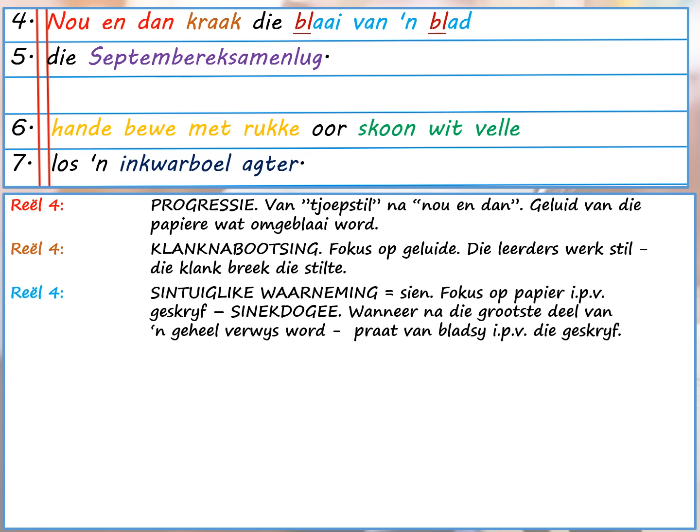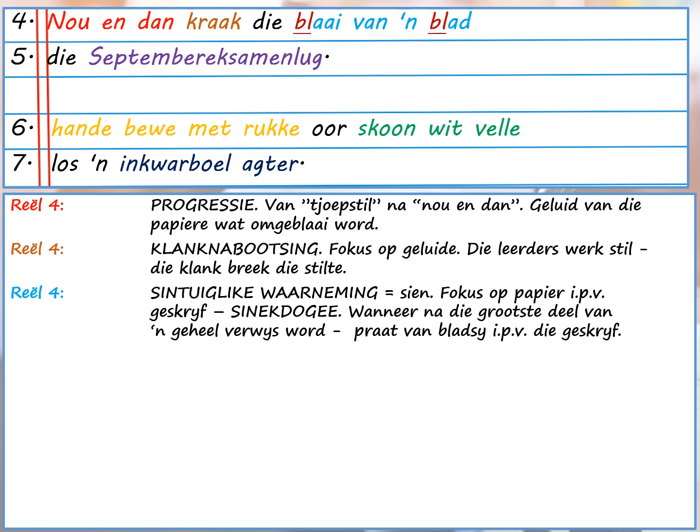It's a sound you can hear above all else in that exam venue. We've got blaai van 'n blad, so it's something that you can see and something that you can hear. You can see the paper, this page, and you can also hear the klanknabootsing as they are turning this page, because everybody can identify a page being turned. Now here we've got synecdoche, because we are referring to the blad, which is the paper, instead of referring to the entire page, the entire question paper.